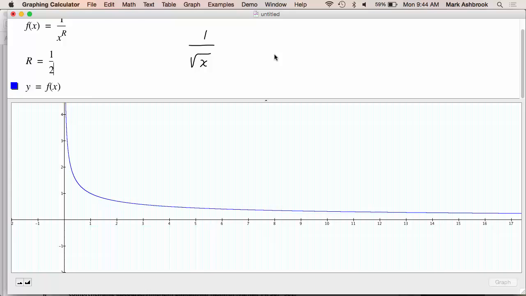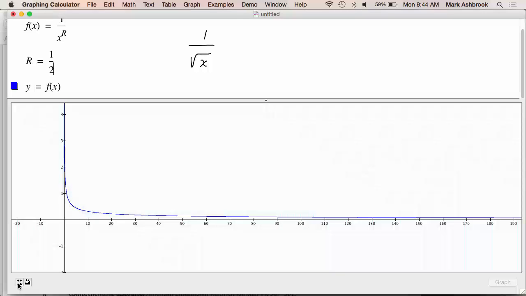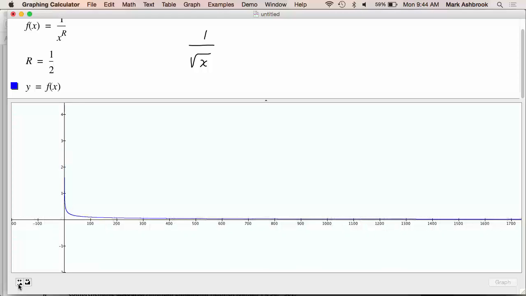Does the limit exist? Let's zoom out on the x-axis. So I'm going to show more and more of the x-axis. Convergent or divergent? Is this flattening out for some value?